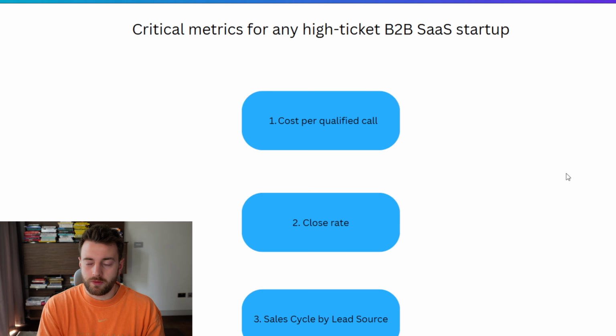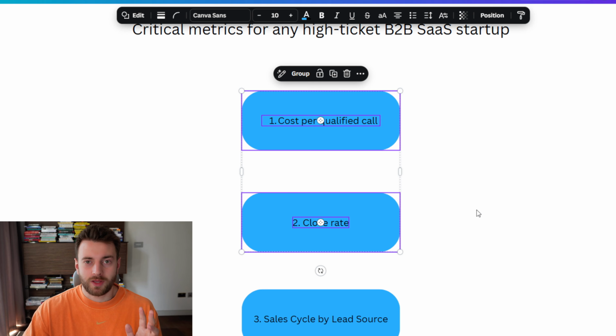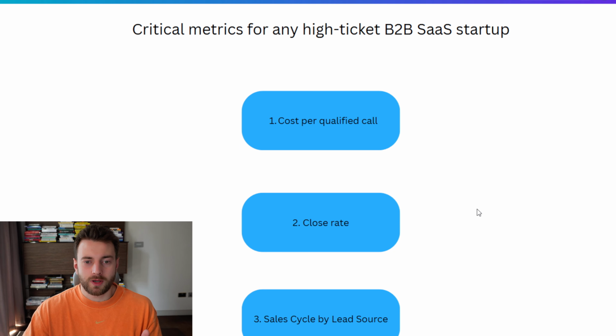If you close 3 out of 10 people and it costs you $300 to get a qualified meeting with them, then you can reverse engineer: for you to add this much in revenue by this month, you need to spend this much money to generate this amount of pipeline. And this way, knowing these two initial metrics, you can basically understand how much money you need to spend over the next 12 months for you to add the next 50K MRR, 100K MRR, and so on.